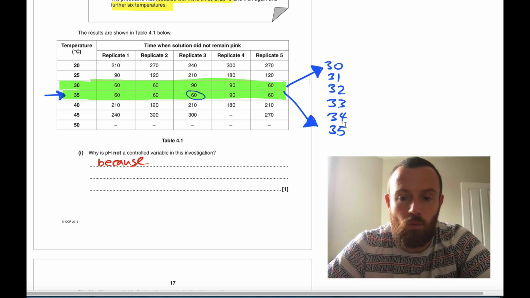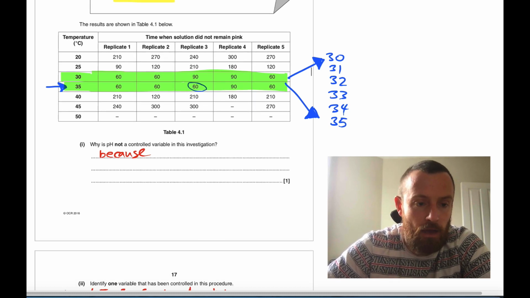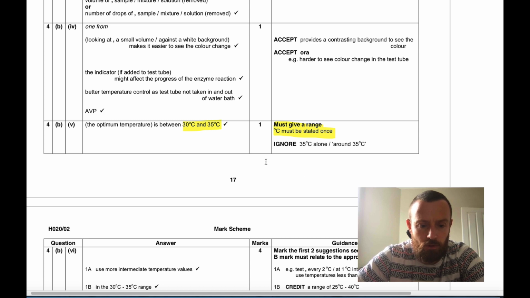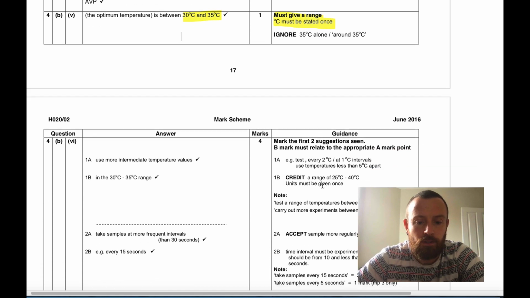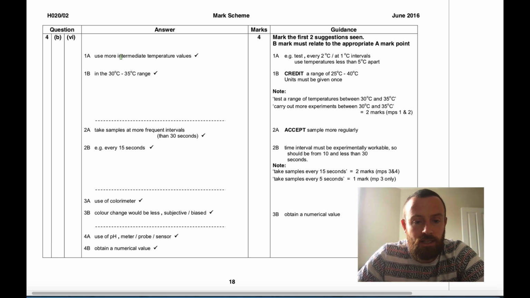Okay, so that's one thing we could do. Now let's look at the mark scheme because I can't think of the second one right now. Okay, so this is what we said: use more intermediate temperature values, for example at 1C intervals within that range. So in the 30C to 35 degrees C range, so there's 1 mark there and 1 mark there.